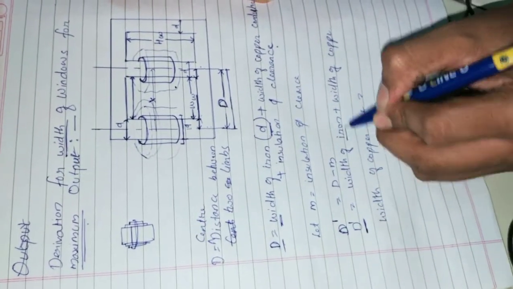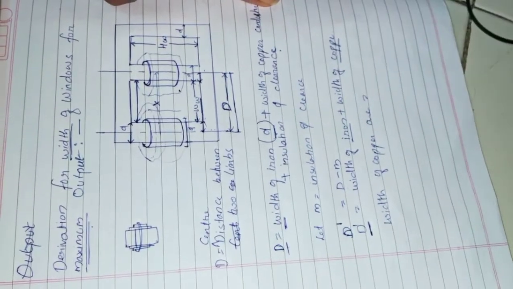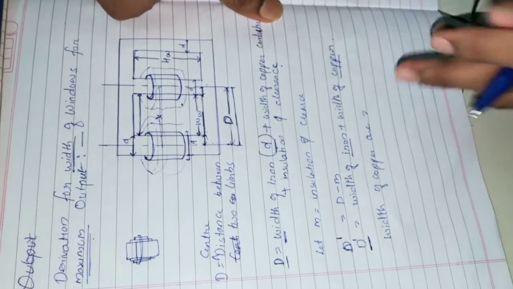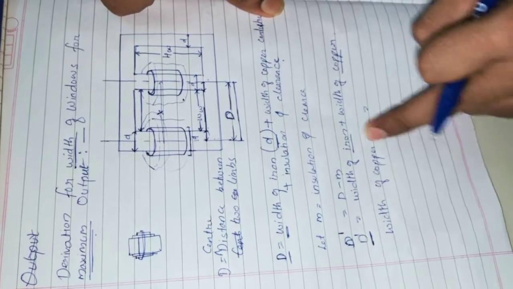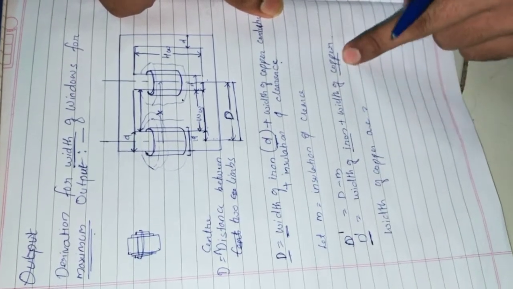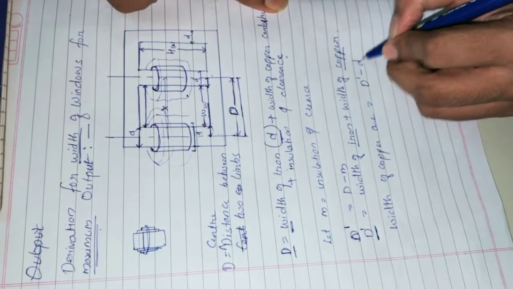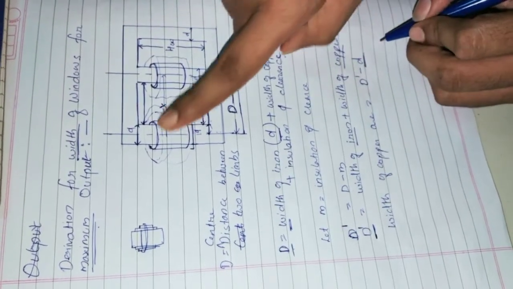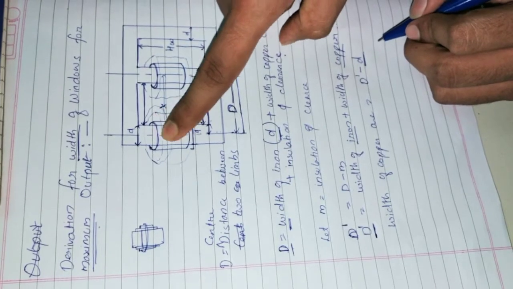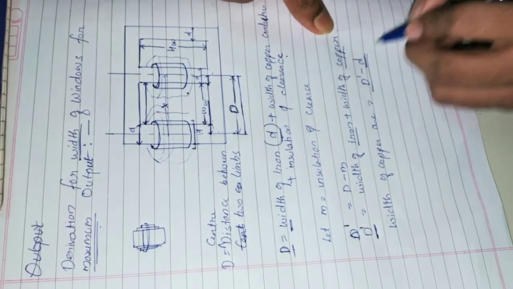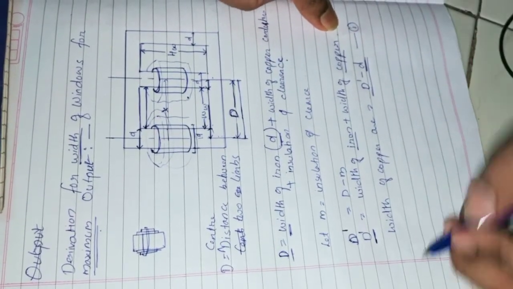Because this is width of iron and width of copper. Now we need width of copper, so we will subtract width of iron from this, and we will get width of copper area. So we will write D dash minus D. How did this D come? This D is the width of iron, we have seen already. So this becomes our equation number 1.